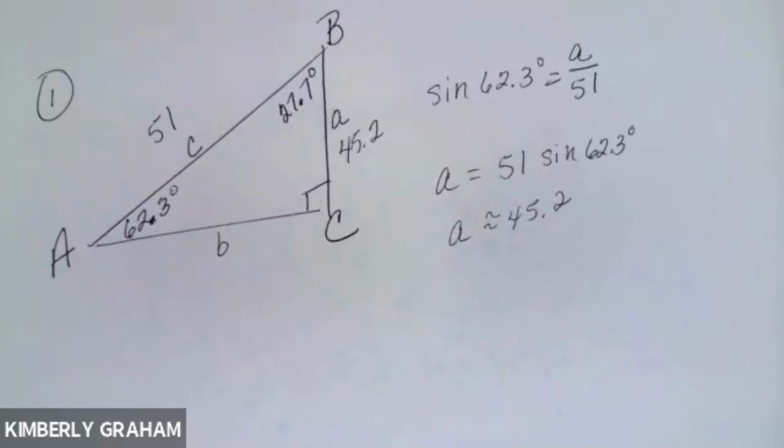So on the test Monday, if you're off by just a little bit, I wouldn't worry too much about it. It's going to be obvious which one's the right answer. So like 45.2, maybe 45.3. It's not going to be way off. It's just going to be a little bit off.